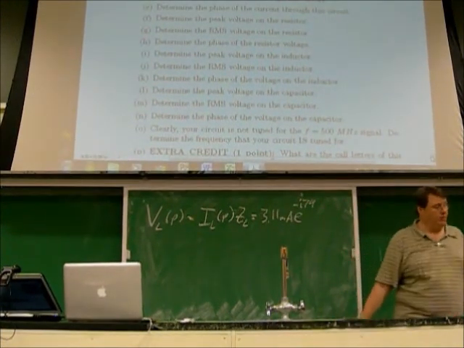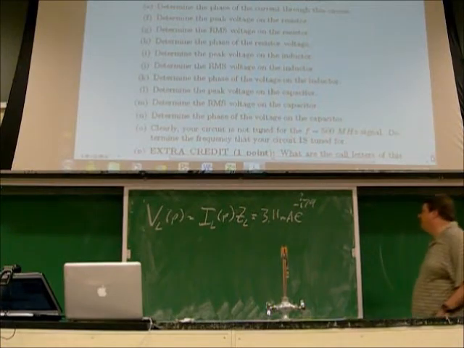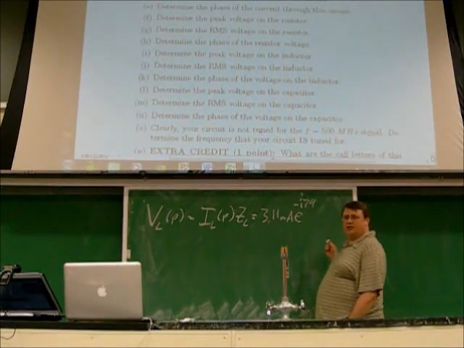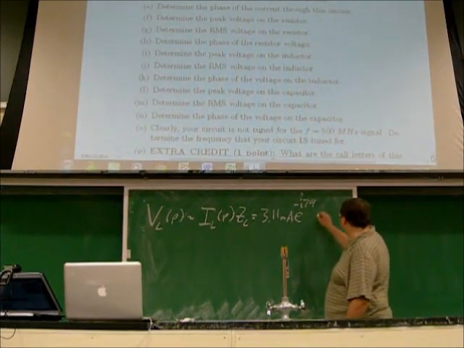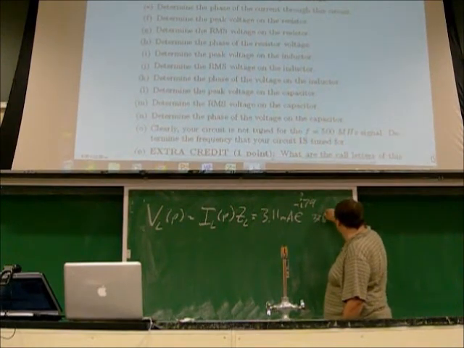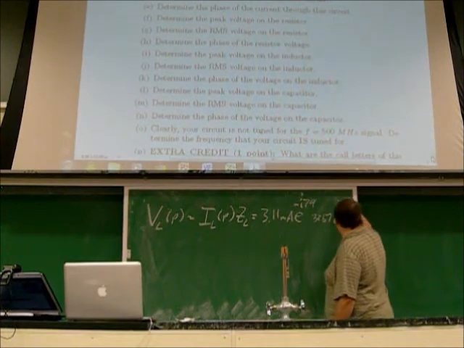So, do we want C e to the i phi format for the impedance of the inductor, or do we want a plus ib? C e to the i phi, because that was easier. So it was 32, e to the i what? 90.